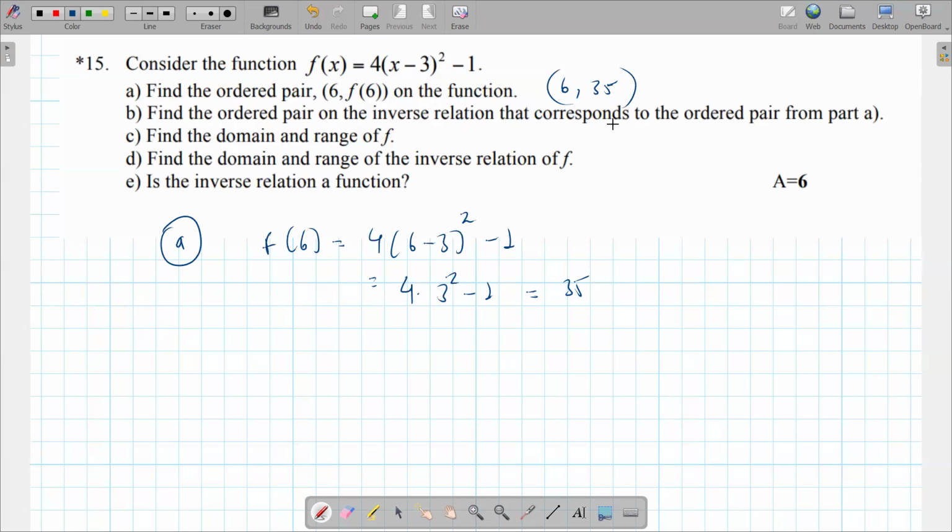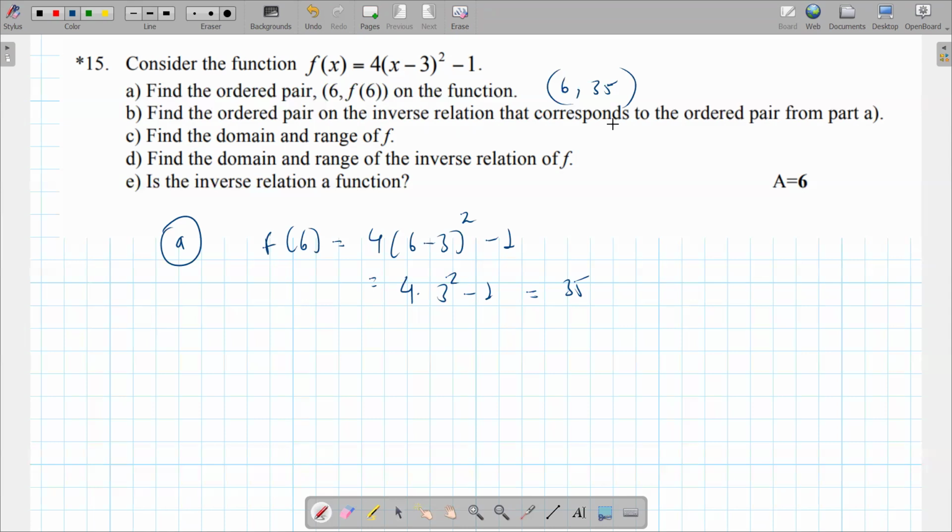Part B, find the ordered pair on the inverse relation that corresponds to the ordered pair from part A. So how are points related from a parent function to the inverse function? What happens to the point? It flips.